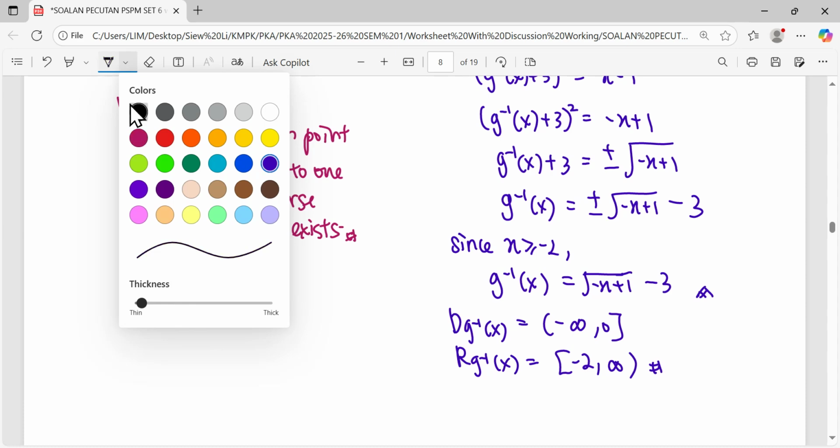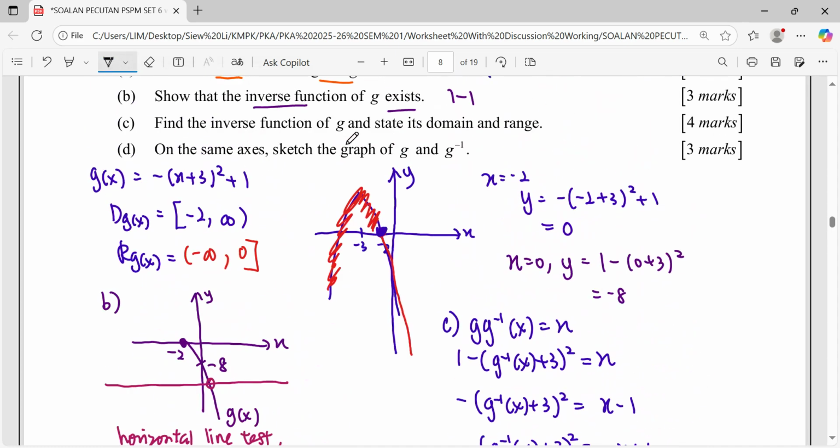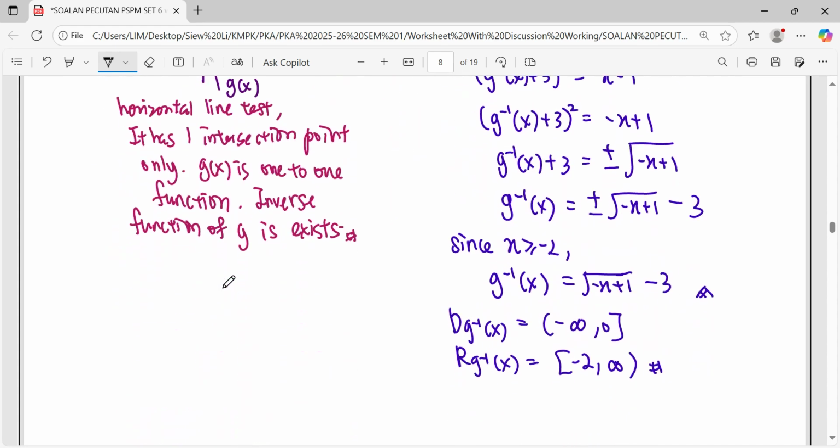Then question D, they ask you to draw it again on the same axis to sketch g and g inverse. So jangan usik graph ni lah. Graph ni adalah untuk tunjuk horizontal line test, right? So question D is we're going to draw it and show how we get the inverse. Okay?